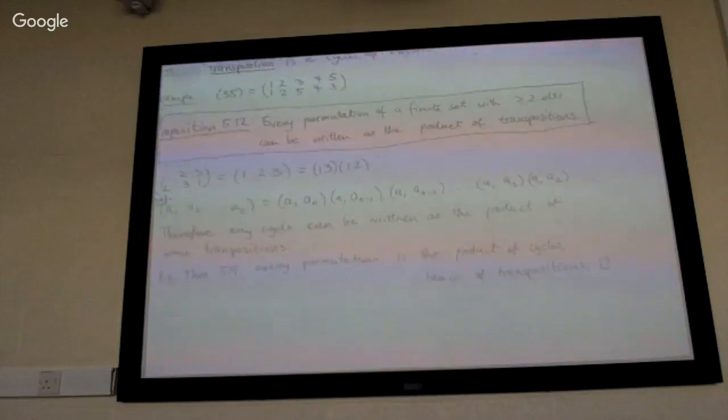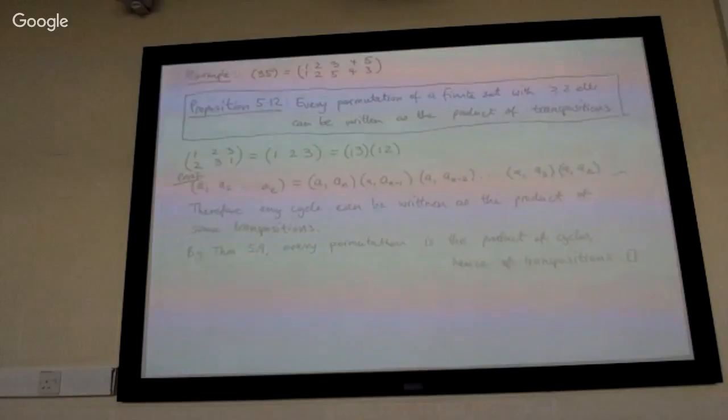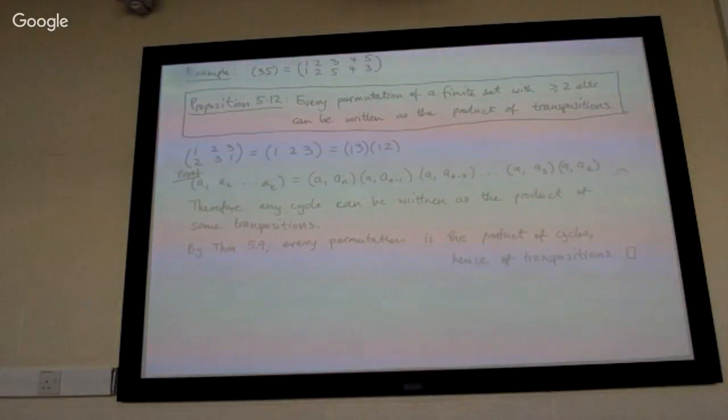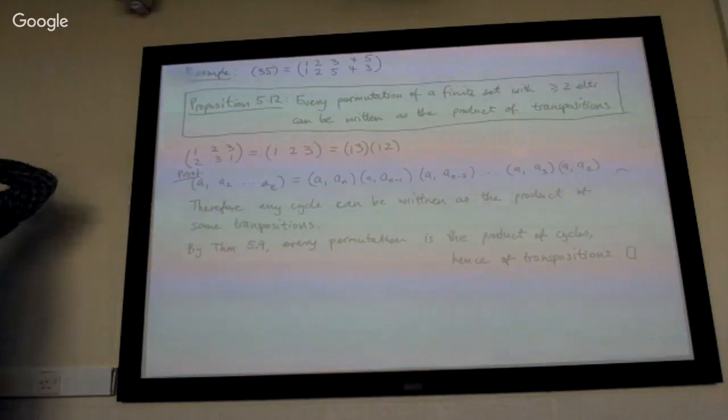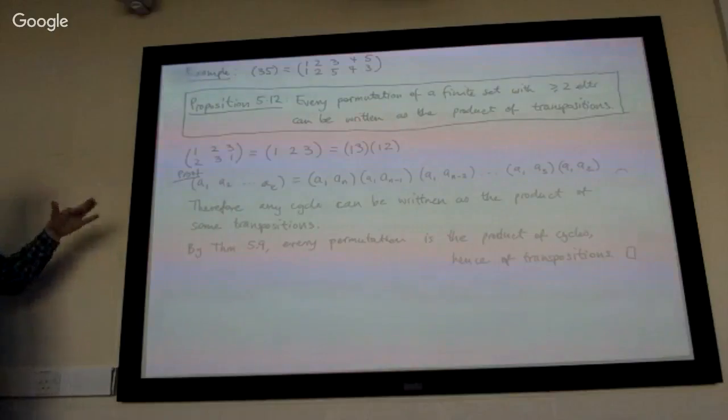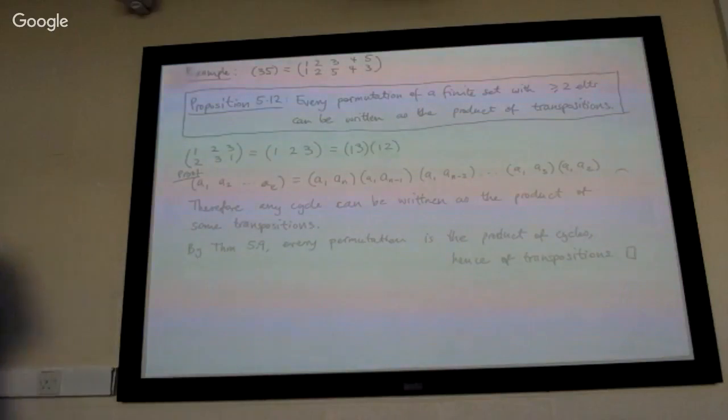Okay, so the way you can write a permutation as a product of some transpositions is not always the same. It's not uniquely given from the permutation. You use various ways of doing that.